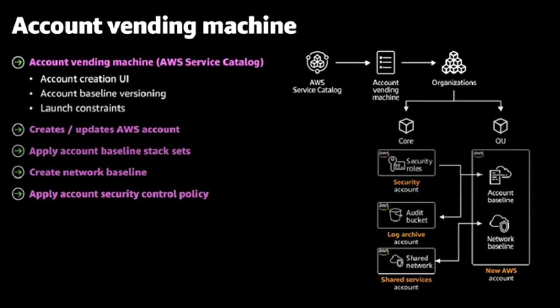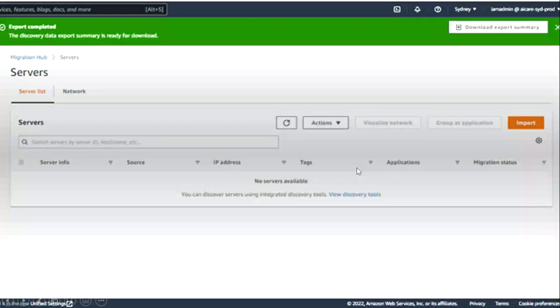So this is what we're going to create and prepare before the migration phase, and they're very, very critical. Now, with this done, you should be able to leverage the things which are already in the Migration Hub and start to define the strategies and plans.